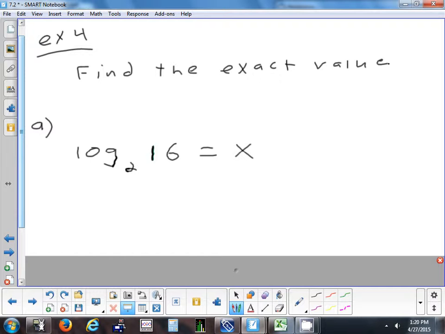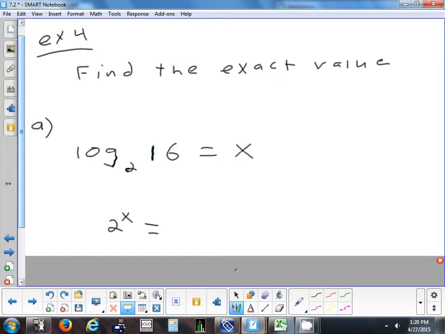Okay, Abby, what's my base here? 2, good. Okay, Brianna, what's going to be my exponent? X. And the logarithm always equals the exponent.